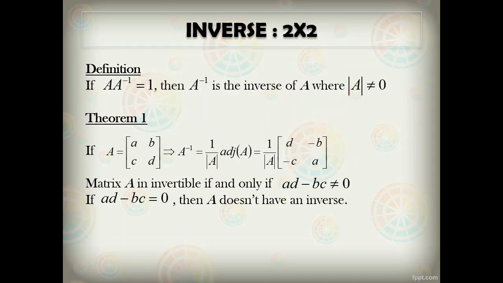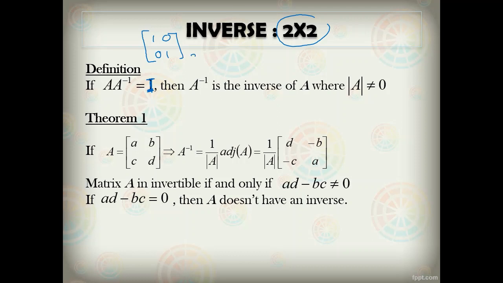First let us look at the inverse matrix of a 2 by 2 matrix. Following the definition, matrix A multiplied with the inverse of matrix A is equivalent to I. This is I, not 1. I mean identity matrix. Do you still remember the identity matrix? If 2 by 2, it is 1 0 0 1.